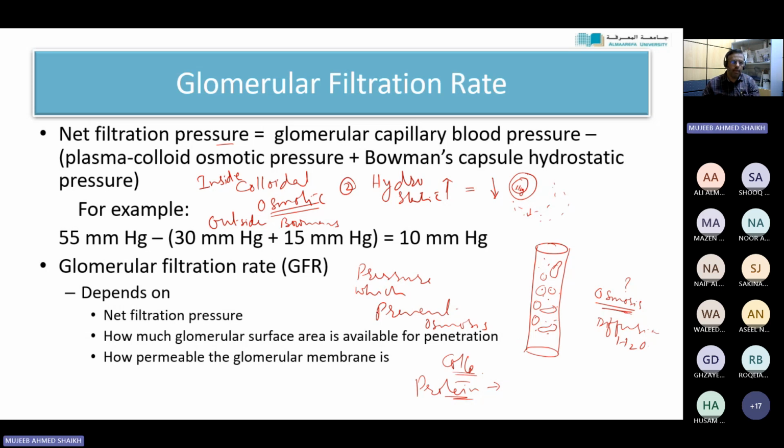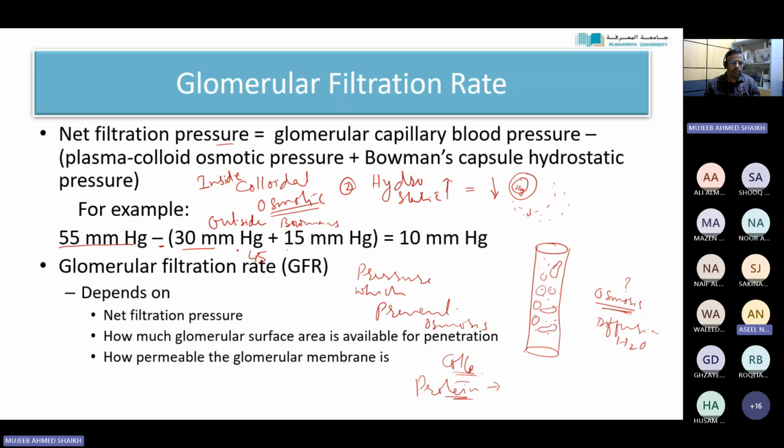So for example, the colloid osmotic pressure is 55, minus the opposition pressure, that is 30 plus 15. I will tell you the actual numbers afterward. 30 plus 15 is how much? 5 plus 0 is 5, and 3 plus 1 is 4.